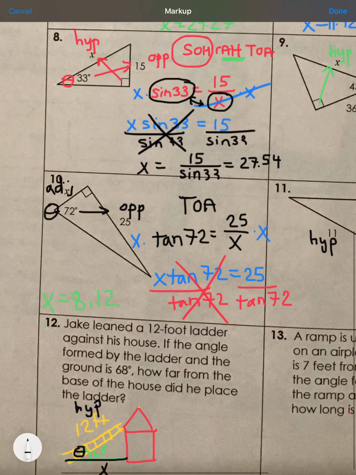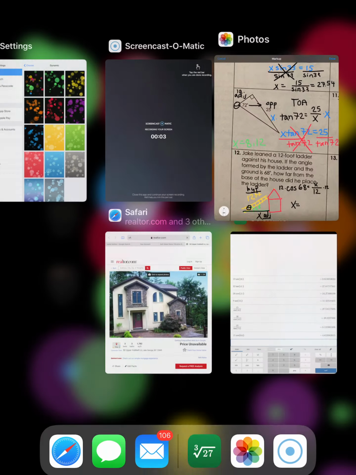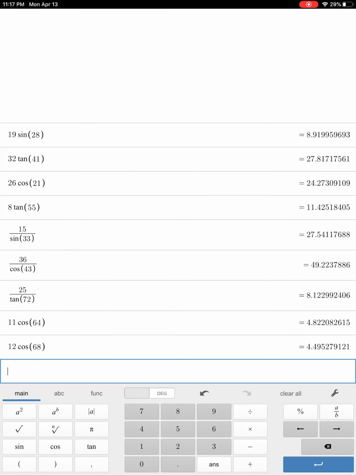So that's x. So we have our theta is 68, our hypotenuse is 12, and this would be our adjacent side. So, coming from SOHCAHTOA, what relates the hypotenuse and the adjacent? Well, that's cosine. So it's cosine of 68 equals x over 12.